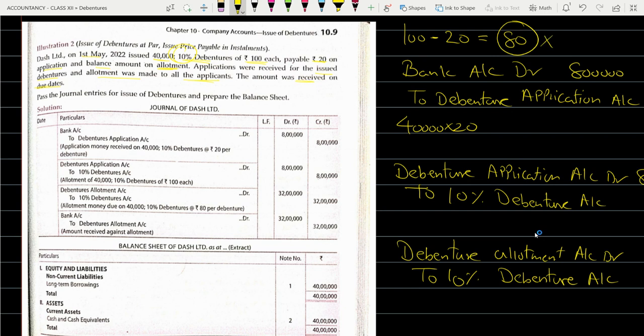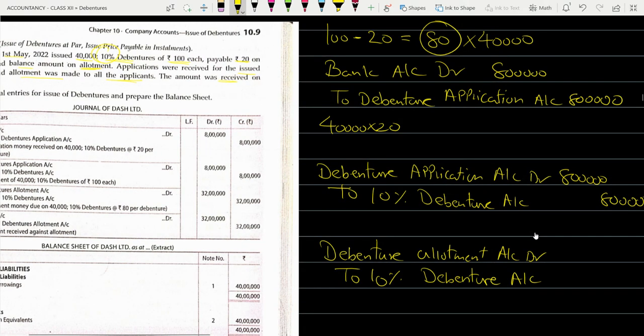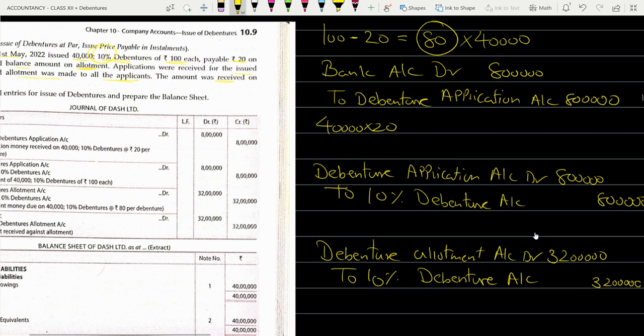When you multiply this 80 rupees with the 40,000 debentures, you are going to get an amount of rupees 32 lakhs. That's how you fill this value. So 32 lakhs, and here also 32 lakhs. Any doubt up to this stage?